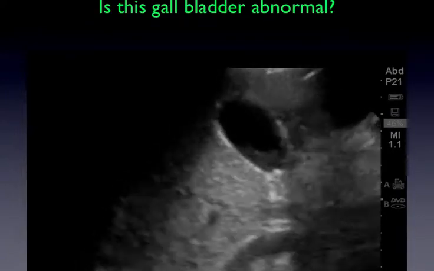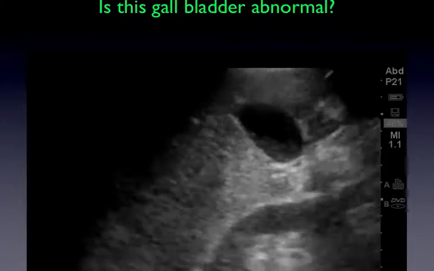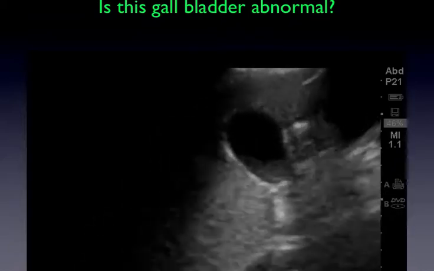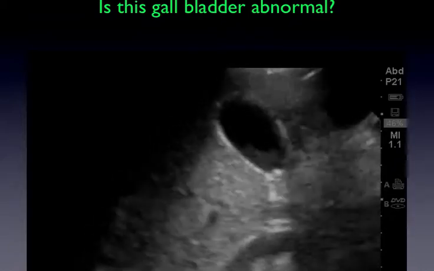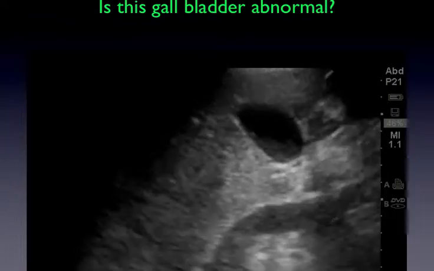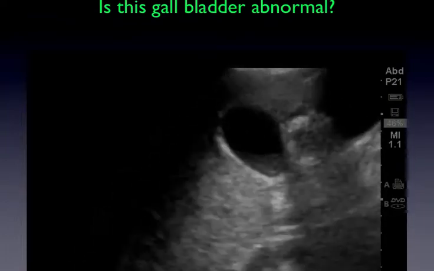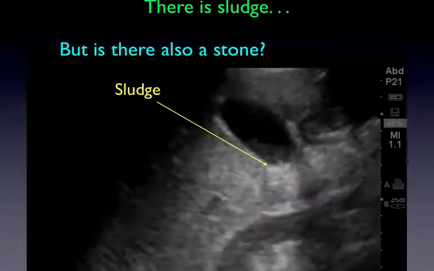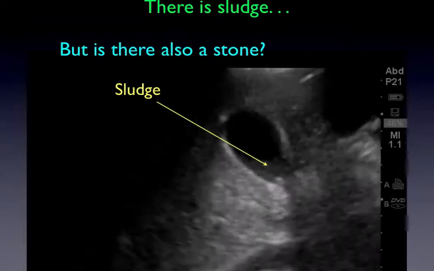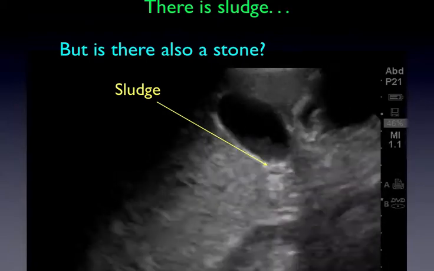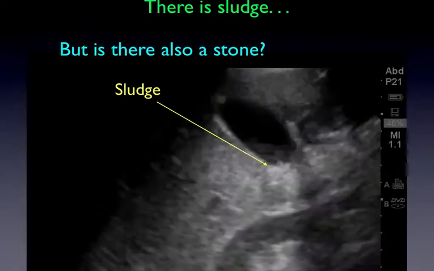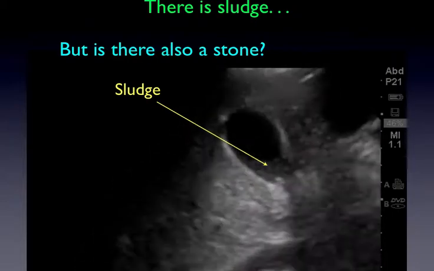What about this gallbladder? Is this gallbladder abnormal? All right, let's take a look. There is sludge at the tip of the yellow arrow. You can see it. The question is, is there a stone here? So there's a very subtle finding.